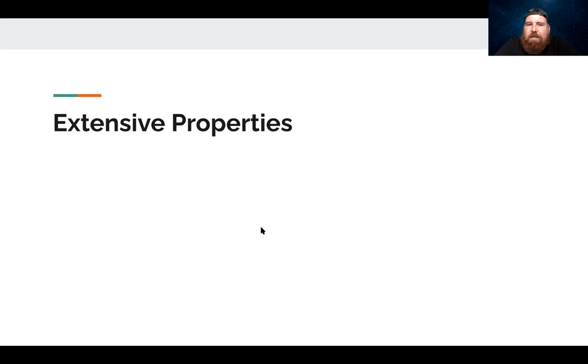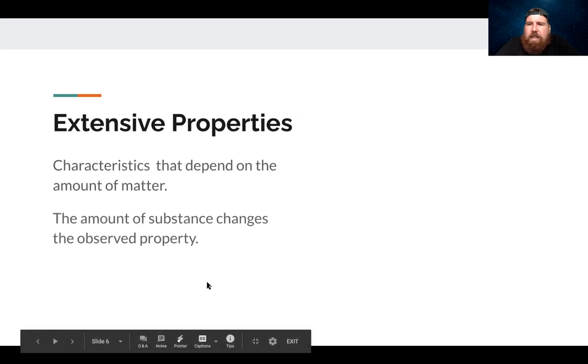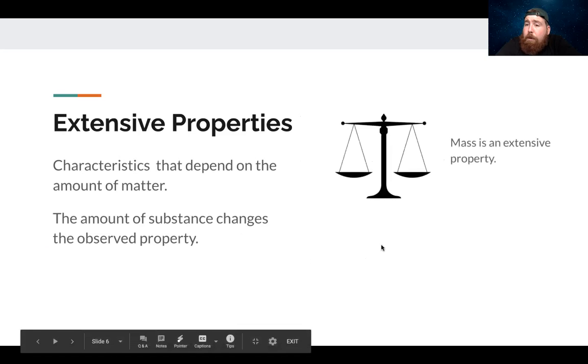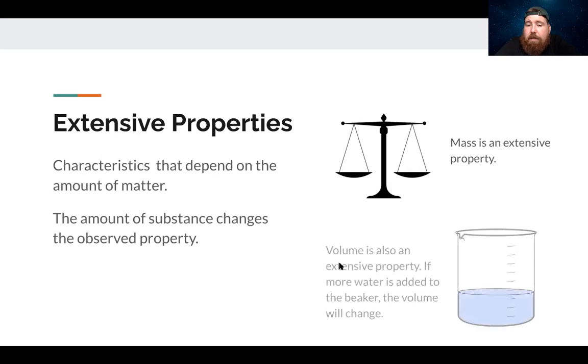The next two are kind of opposites of each other. We have extensive and intensive properties. An extensive property is a characteristic that depends on the amount of matter. It depends on the amount of stuff that you have. So the property will change depending on how much matter you have. For example, mass: if I have a single gold coin or 50 gold coins, the mass of the gold changes depending on if I have more or less.